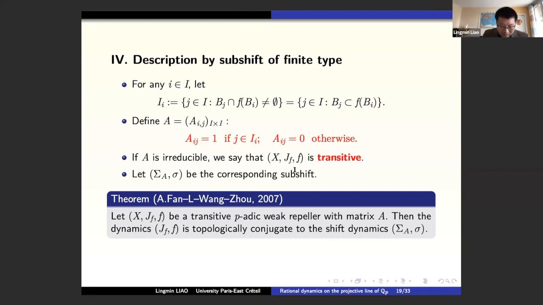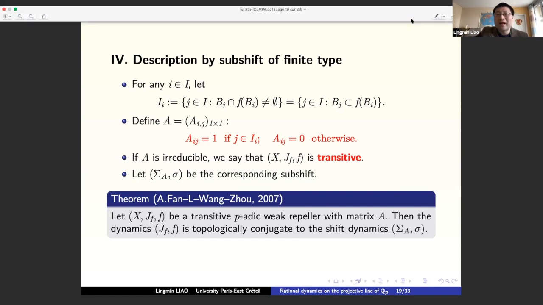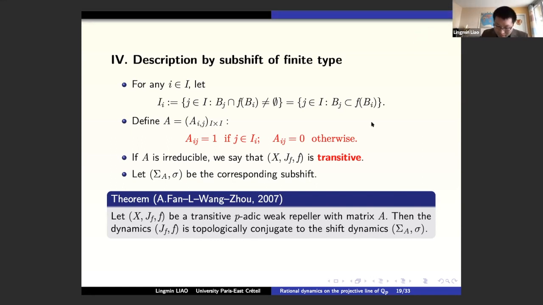Here maybe I need to add a little bit, because later I will also use these things. Here sigma_A is just the set of symbols. For example, I have symbols x0, x1, x2, and so on. The symbols satisfy this property: from xi to x_{i+1} is allowable.